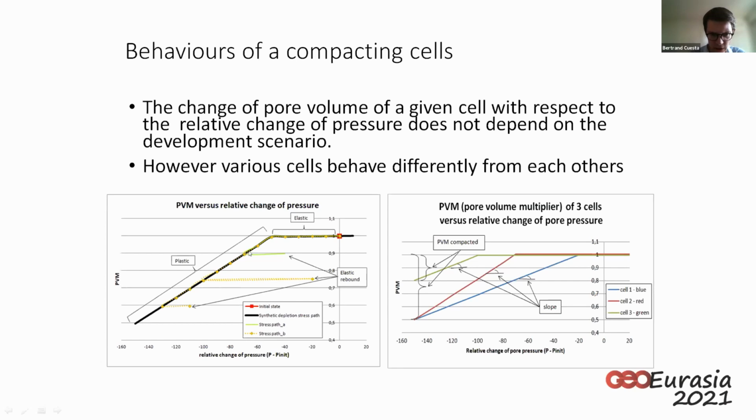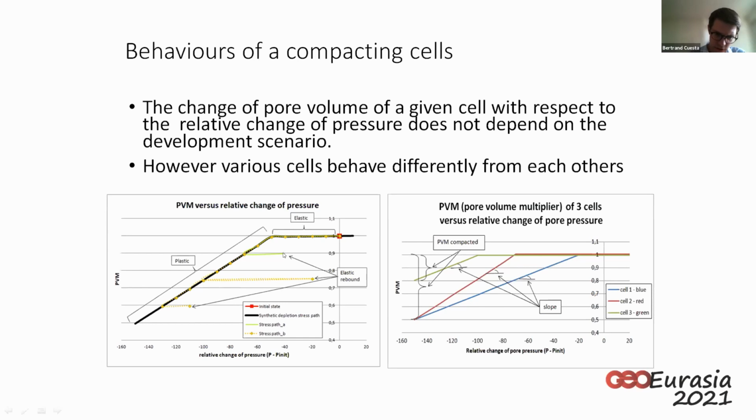Then you would see the pressure rebound, and the pore volume will increase again. However, it will increase at a slope which is perfectly parallel to the elastic behavior here. Okay, so there is a loss which is irreversible of porosity.